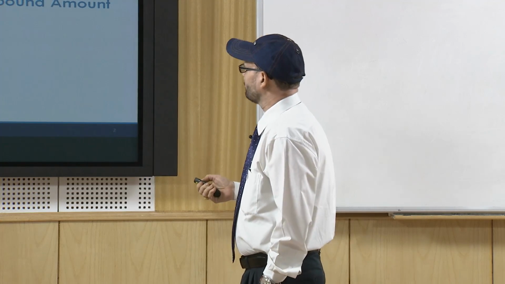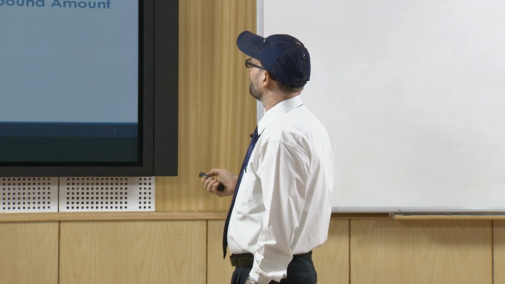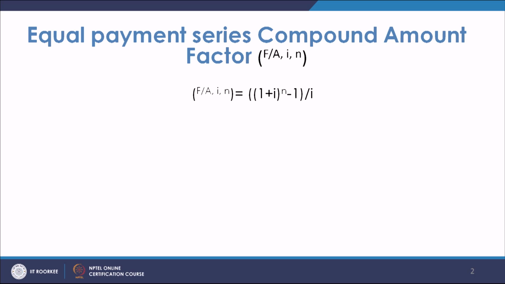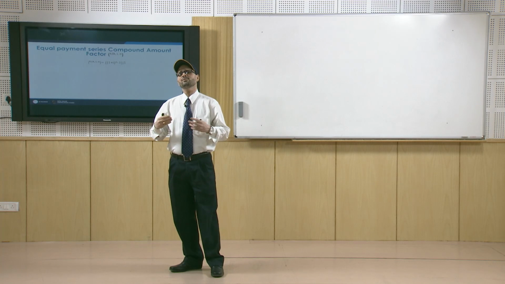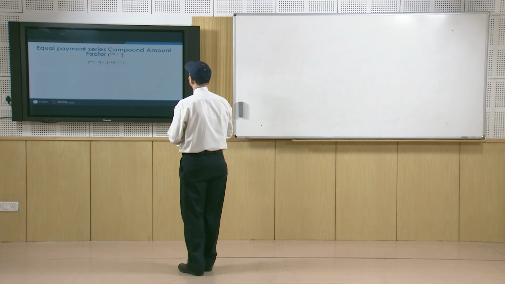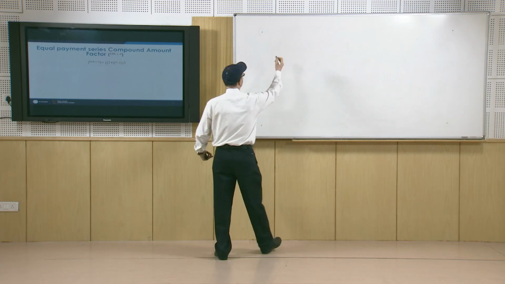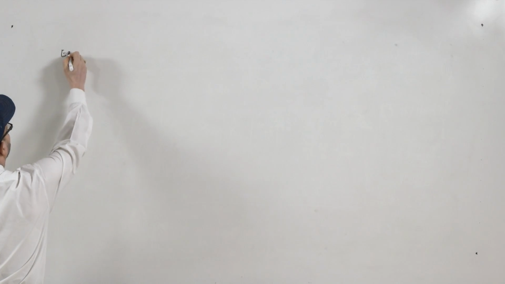Now, we have equal payment series compound amount factor. This is a factor which when multiplied with A, that is the equal year end payment, it will give you a future amount. So, you can define this equal payment series compound amount factor.